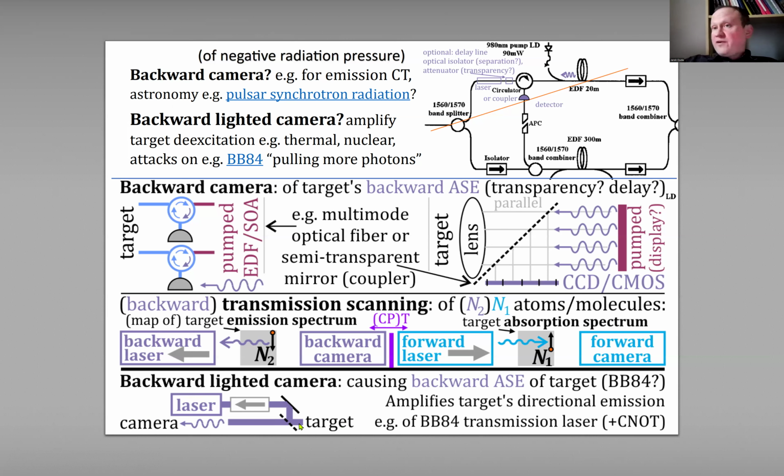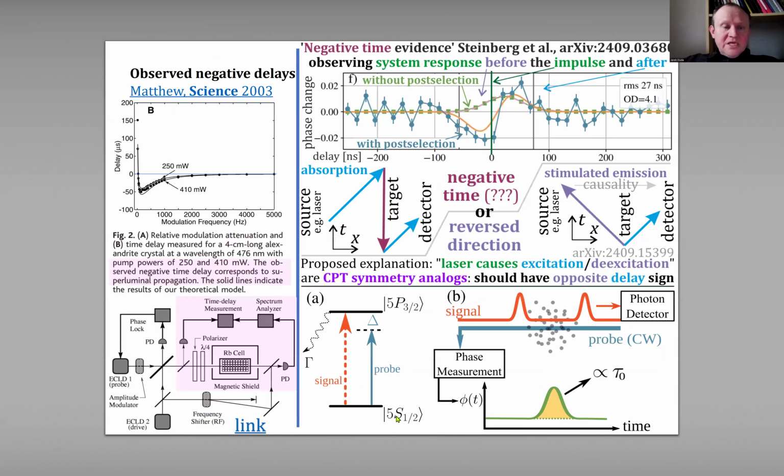For example, thermal photons, but maybe also for attacks on, let's say, BB84, the cryptographic protocol where it's assumed that the laser of the sender sends single photons, but the attacker could make it produce more photons under the same conditions and try to steal some of the photons and get the message. So it could also be used for attacks on quantum cryptographic protocols, trying to pull the photons from the laser used by the sender.